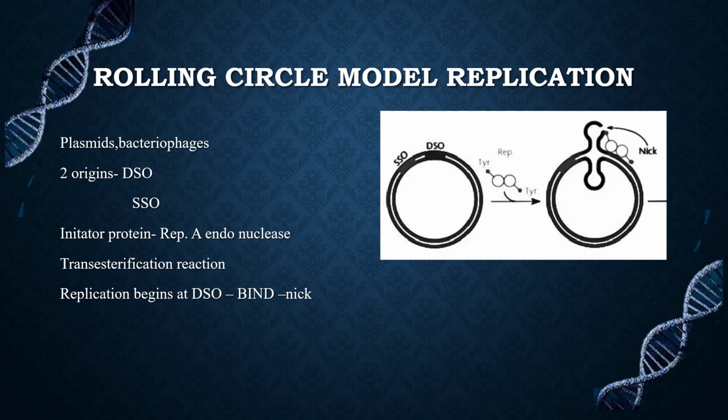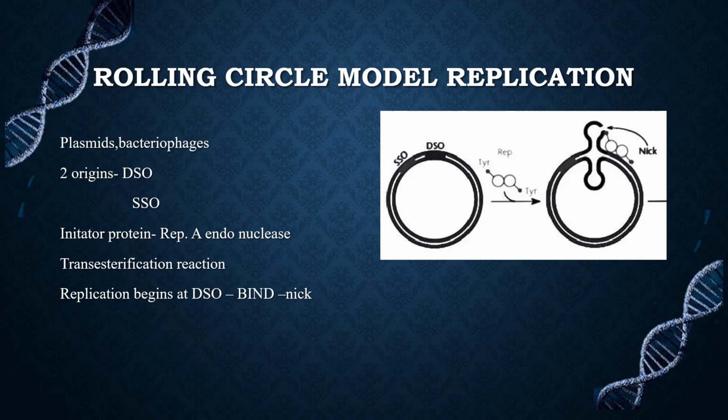They recognize the origin, and their catalytic motif contains a critical tyrosine residue that carries out a trans-esterification reaction. That reaction is similar to topoisomerase type 1. So this is the reaction occurring at the origin when the initiator protein binds.